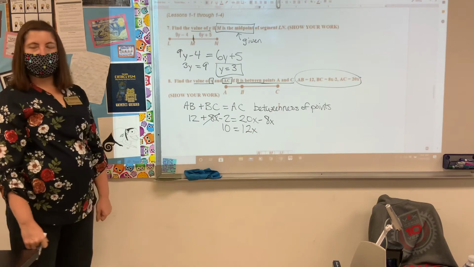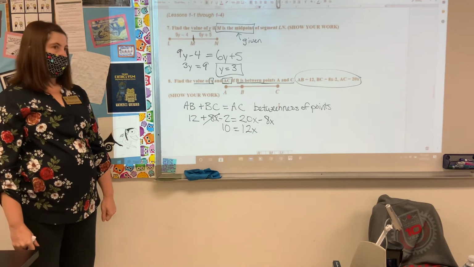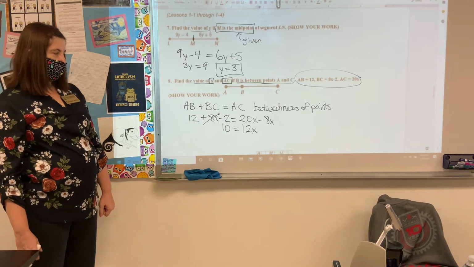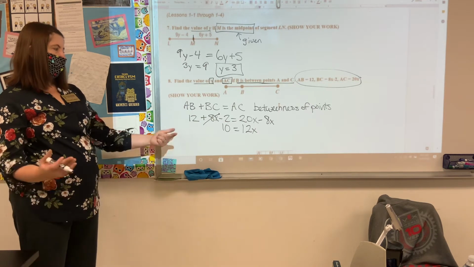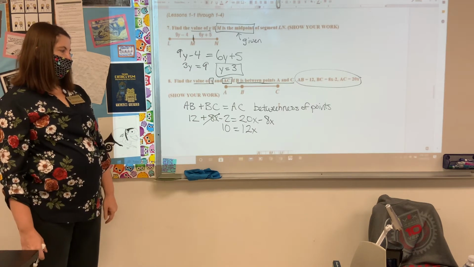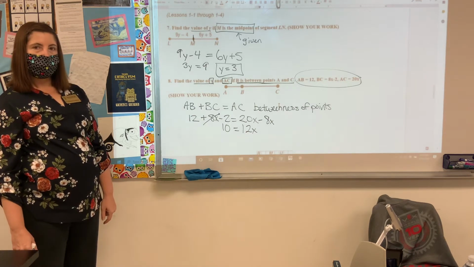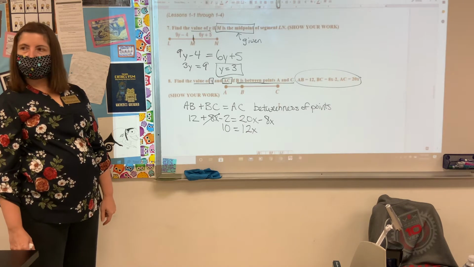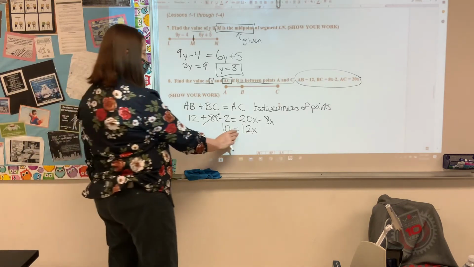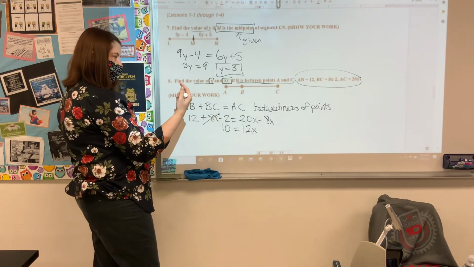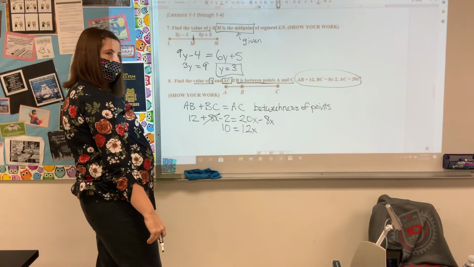Now, a large number of people in both periods said that x equals 6/5. For some reason, they shifted these numbers and they put the big one on top.